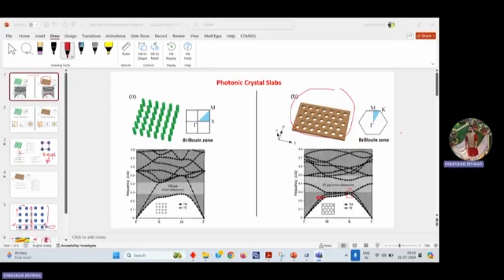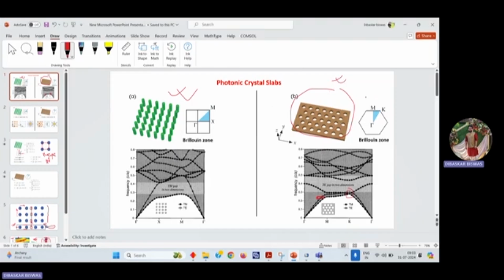Welcome, students, to this video where we shall be discussing how to simulate photonic crystal slabs in COMSOL. We have taken two examples here, the dielectric rods and the slab with holes.